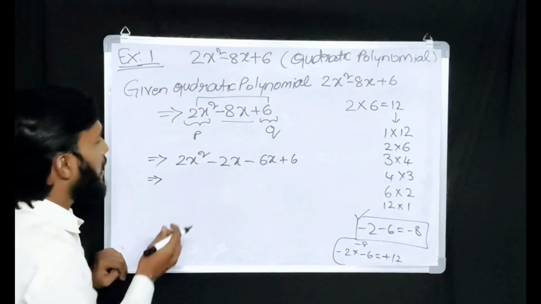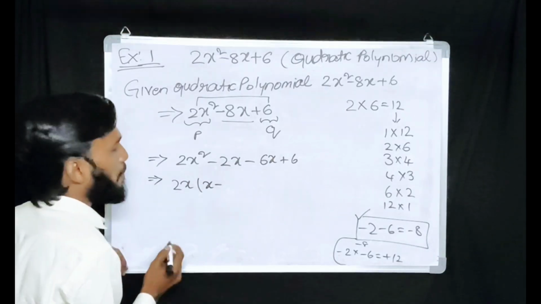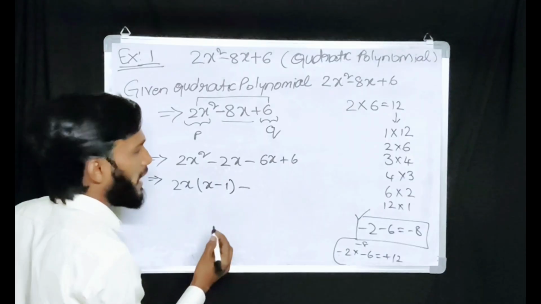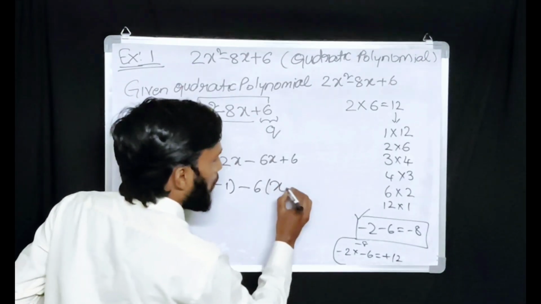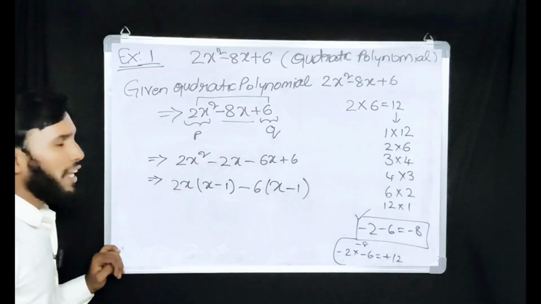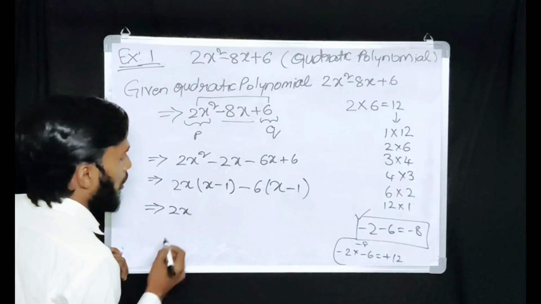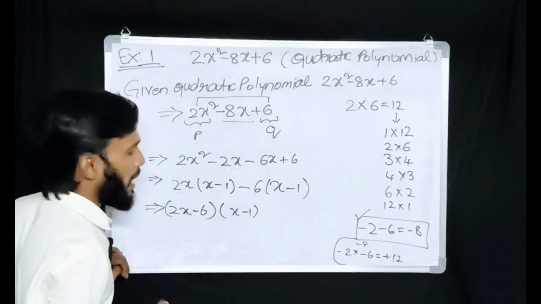What do we take common? 2x in both: 2x and x is left here. Minus 6 here, take common, and x minus 1 is left. So here we have two factors: one is 2x minus 6 and the second one is x minus 1.